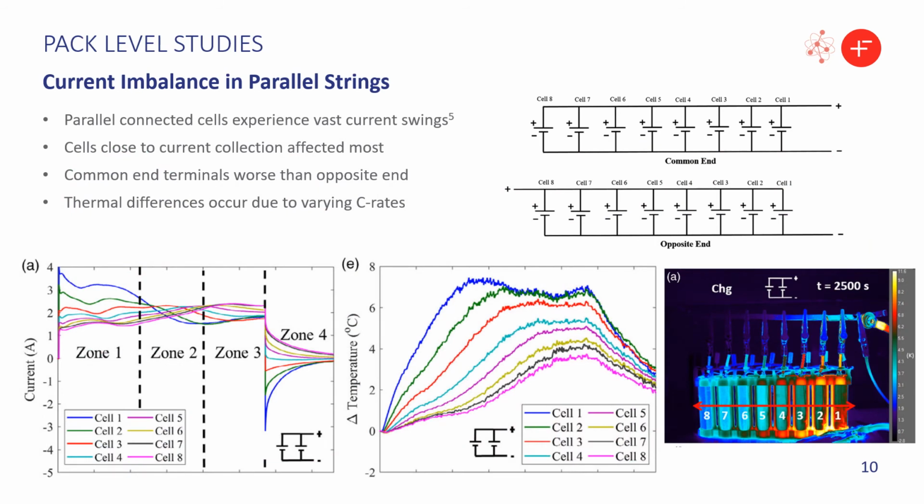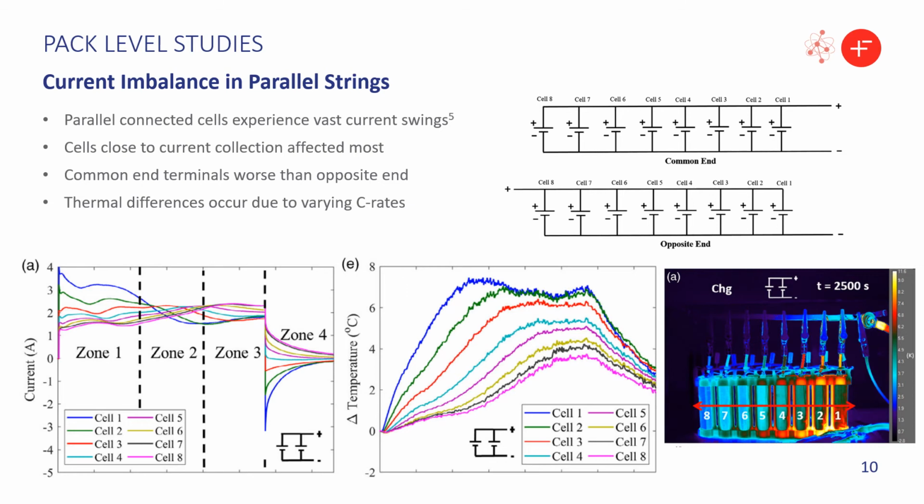So we've taken the framework to another scale again, and because in the single cell model we have neighboring sections essentially acting like individual batteries in parallel, we can actually model batteries in parallel in a pack. We have a study here that's been conducted mainly in the lab with some model backing, with parallel strings of 8 cells.